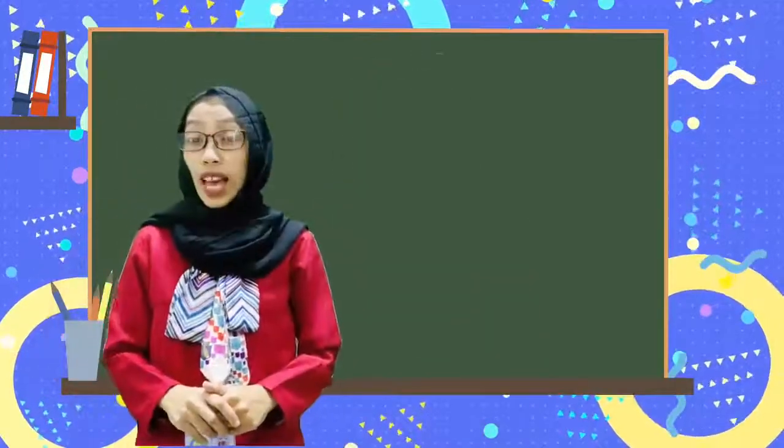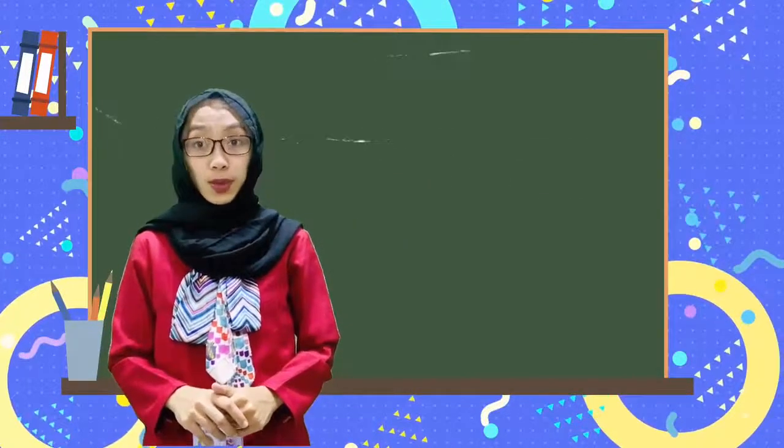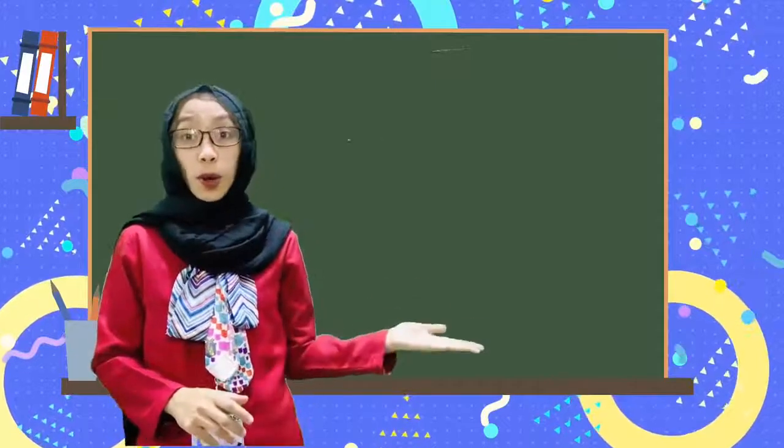Okay, what have you noticed in that video? Okay, very good. There is a problem in their communication, because each of them does not want to give the other a chance to speak or explain his or her side. So that is where the third type of communicative strategies will be used, which is called turn-taking.